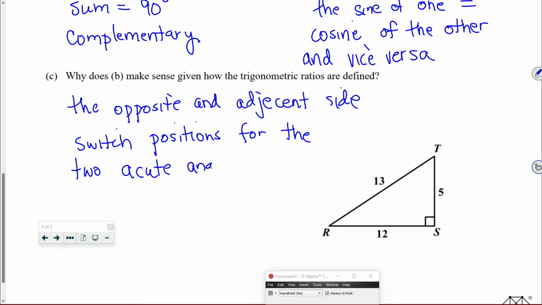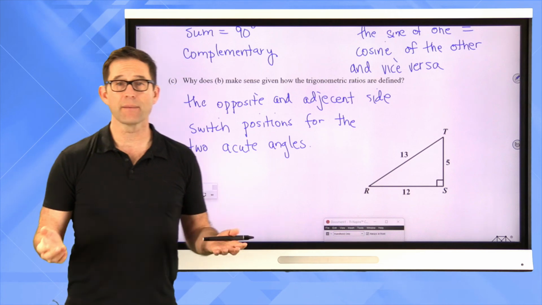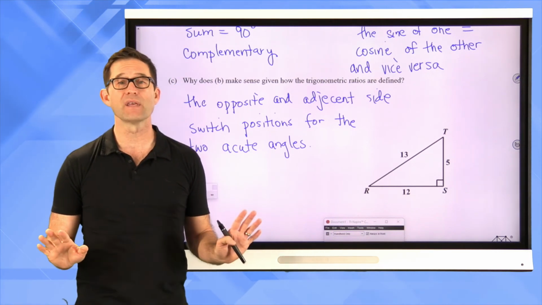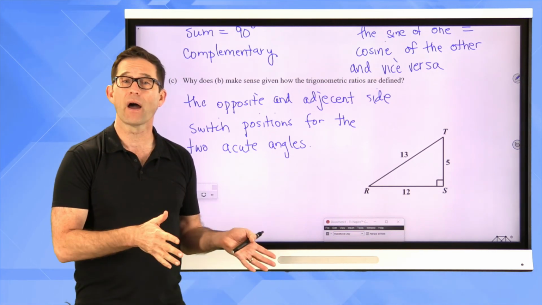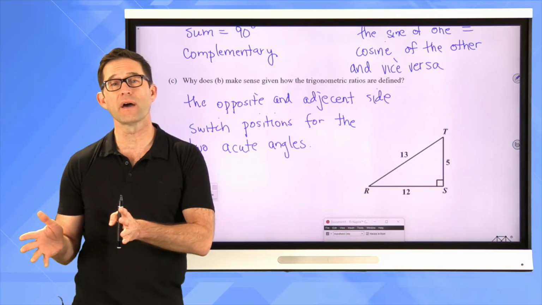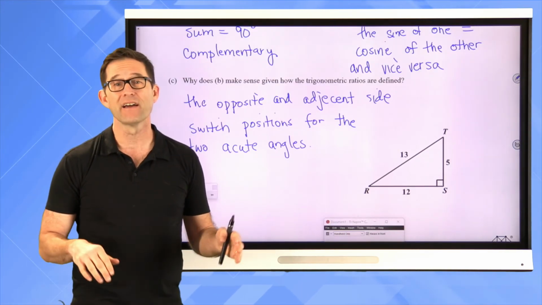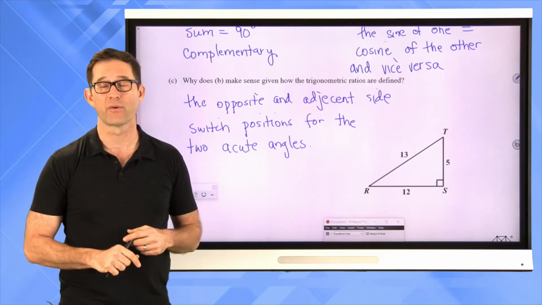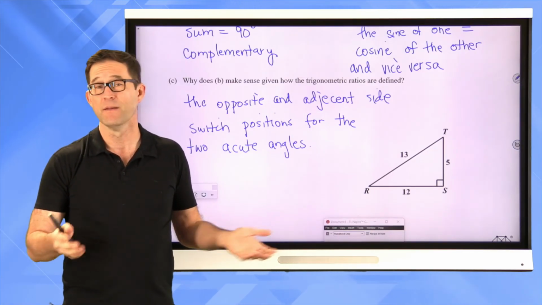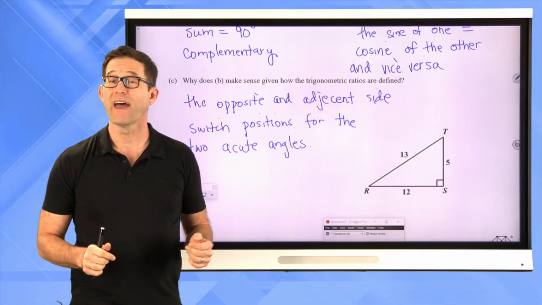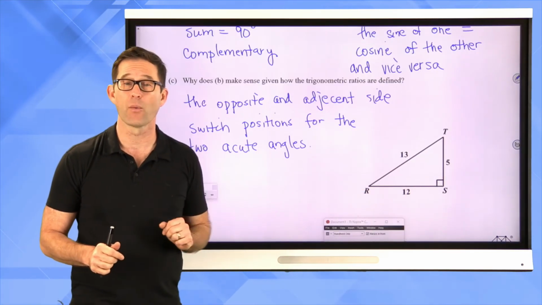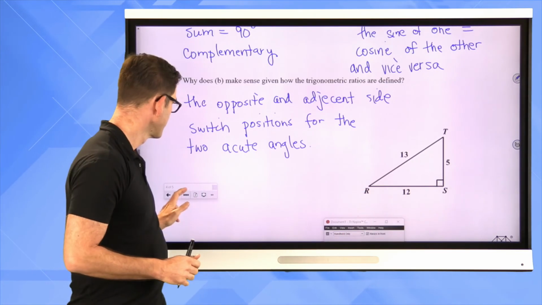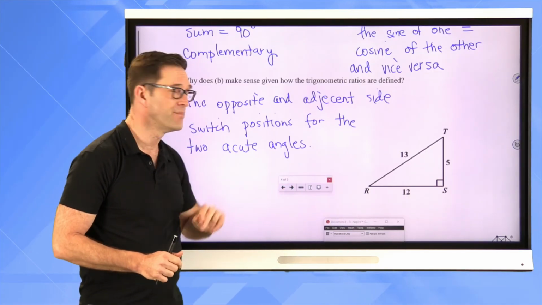And that will always be true. So when I have two angles that add up to 90 degrees, any two angles that add up to 90 degrees, the sine of one angle will be the cosine of its complement, and likewise the cosine of one angle will be the sine of its complementary angle. And that is something that you're supposed to know and should make sense just based on how we define these ratios. All right, let's wrap this up.